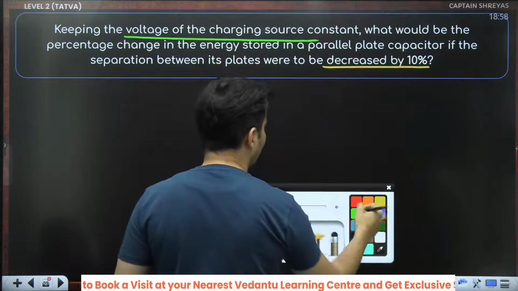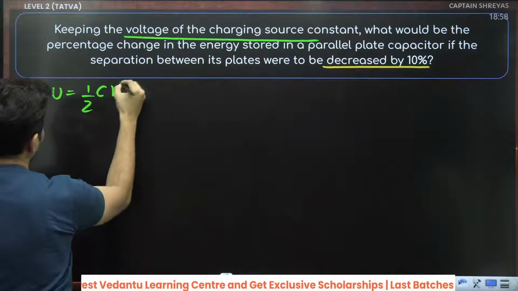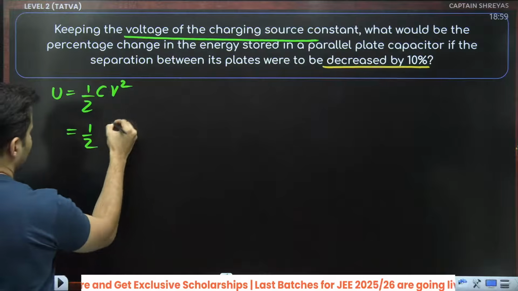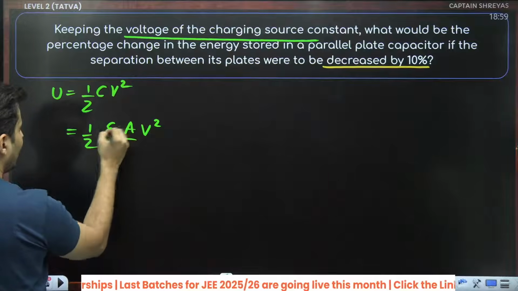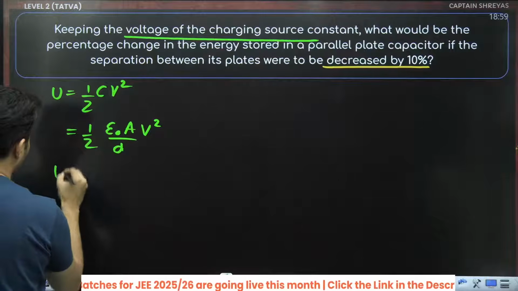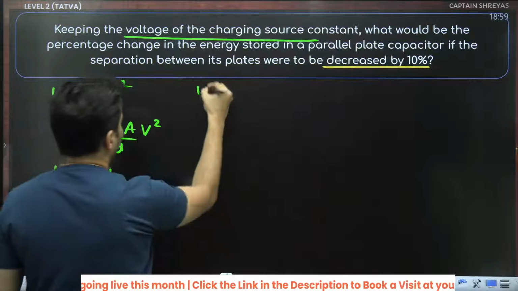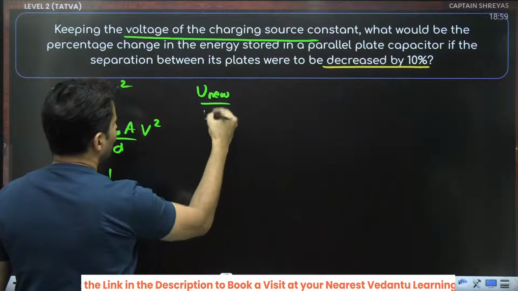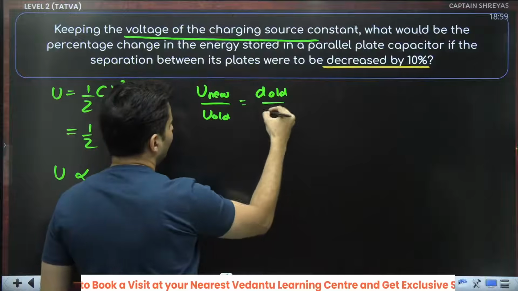Energy formula. What is the energy formula? Energy formula is half CV square. Okay. And capacitance is epsilon naught A by D into V square. Everything is constant, so energy is inversely proportional to D. Oh, that means I'm going to get the same answer. So U new divided by U old will be d old divided by d new.